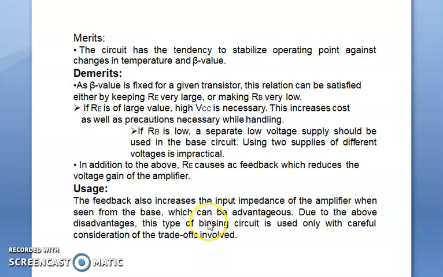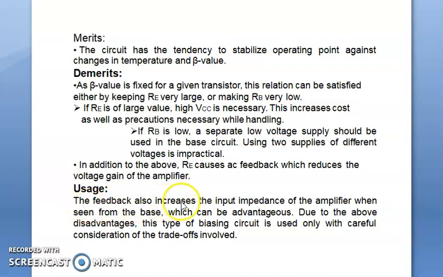Another disadvantage is that RE causes AC feedback, which reduces the voltage gain of the amplifier. And what are the uses of the transistor biasing with emitter feedback?